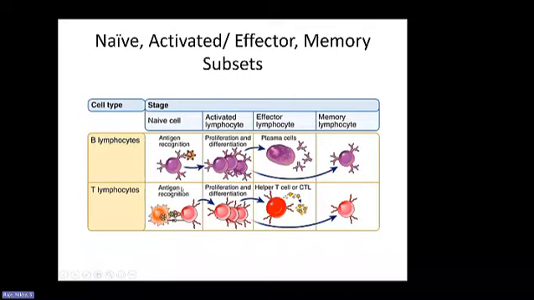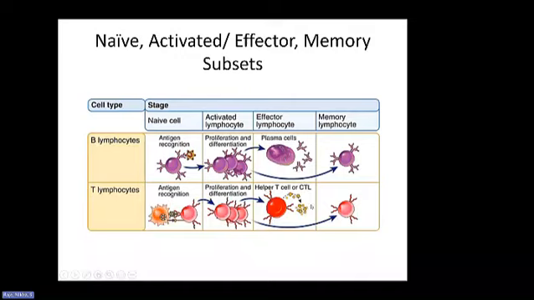So various stages of the B and T cells, they start out as mature naive cells. When they come across the antigen that they can interact with, they become activated lymphocytes. Once they are activated, they proliferate and differentiate into effector lymphocytes. So for B cells, that would be plasma cells.